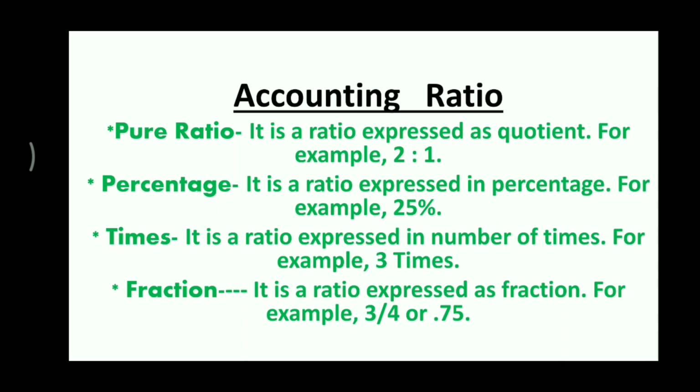Then number of times, for example, inventory how many times of sales, debtors how many times of credit sales. Then fraction, when the ratio is expressed in the form of a fraction, 3/4, 2/4, or 0.30, 0.25. So ratio can be expressed in four ways: pure ratio, percentage, times, and fraction.